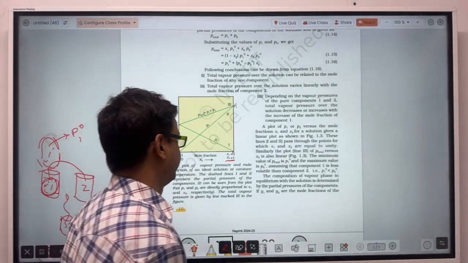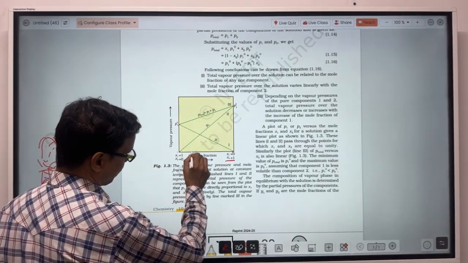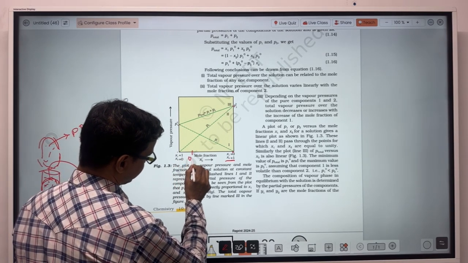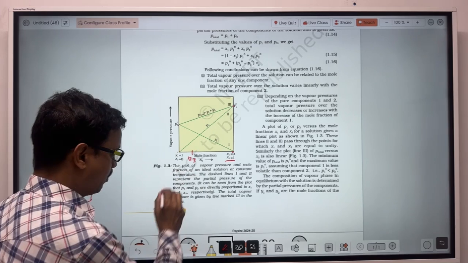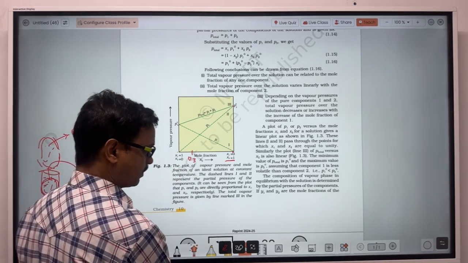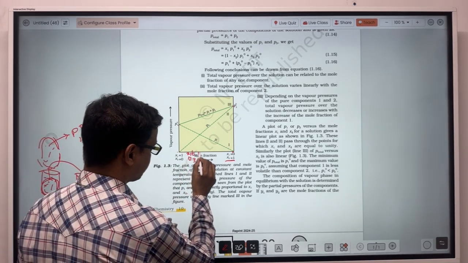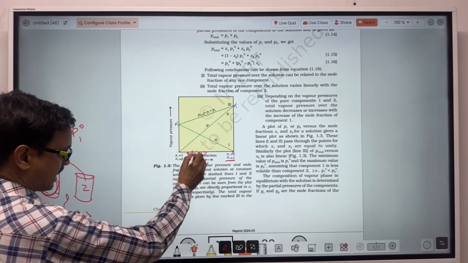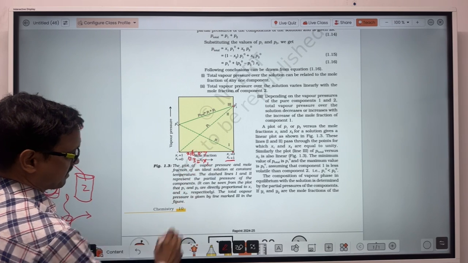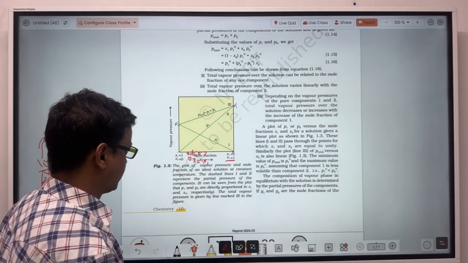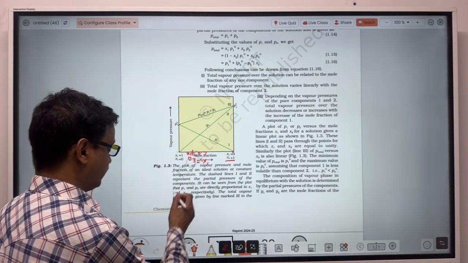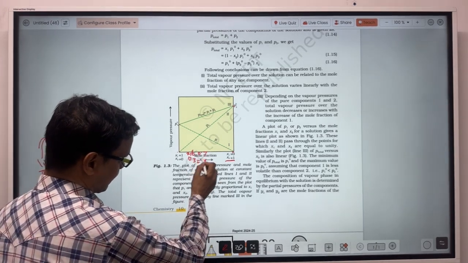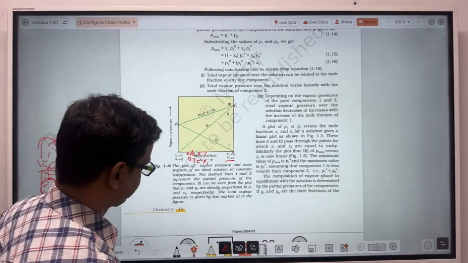What's the use of this graph? Suppose the mole fraction of liquid 2 is 0.3. So that of liquid 1, chi 1, will be 0.7. Suppose at this point, 0.7 plus 0.3 will be 1.